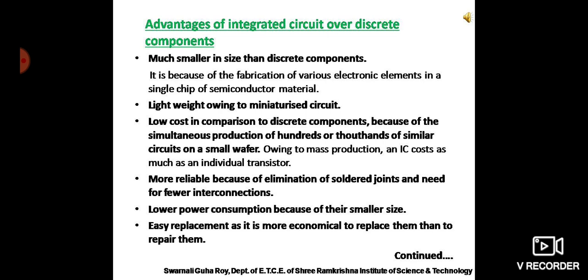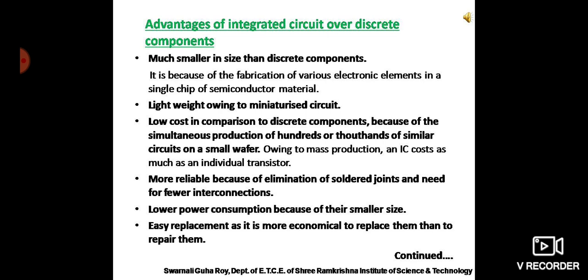So, as an engineer, we always look for devices or circuits with less power consumption. So, ICs consume less power than discrete components, specifically because of their smaller size. That is, as it is small in size, it consumes less power.